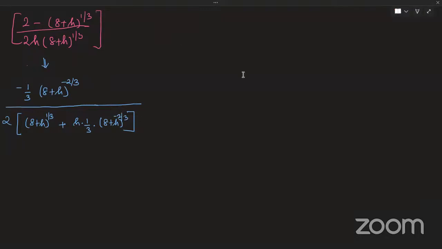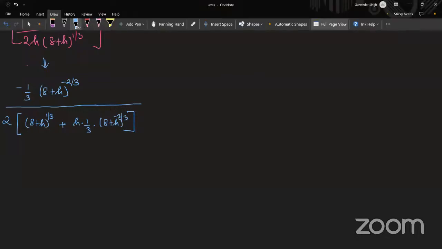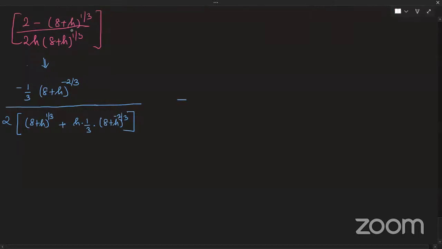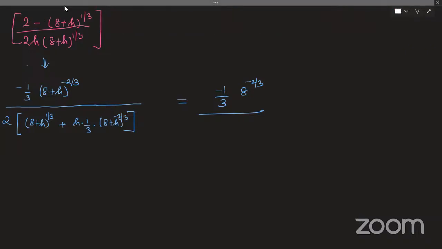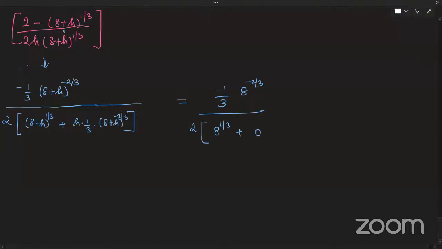So that means I can just directly calculate my value, right? Sounds good? Okay, so I'll just put my value h as 0. The numerator would be minus 1 by 3 into 8 to the power of minus 2 by 3, divided by, in the denominator, 2 into 8 to the power of 1 by 3 plus a term that will be 0 because I have h over here.